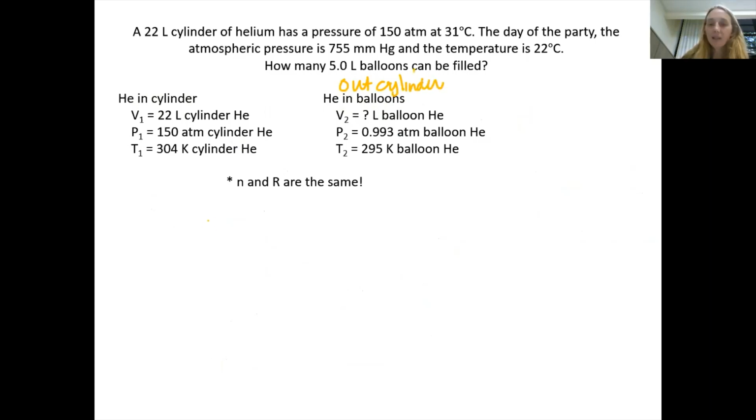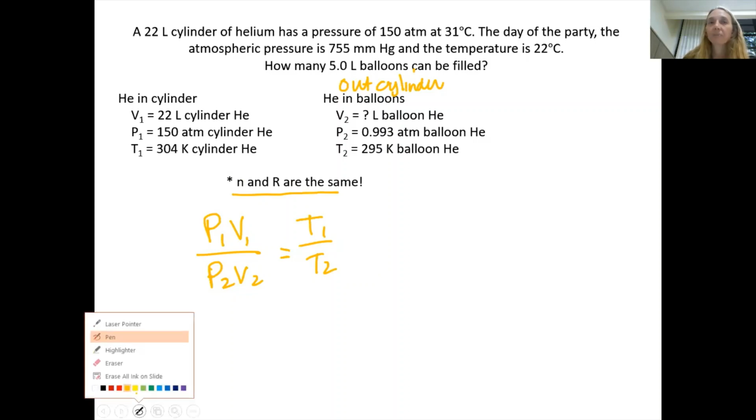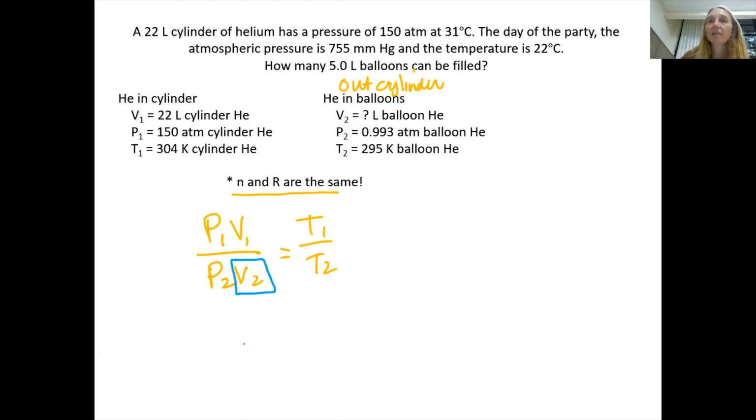So I'm going to write this up: P1V1 over P2V2 equals T1 over T2. Because N and R are the same in both cases, I've taken them out of my equation. My goal is to find V2, this one right here. To do that, I'm going to multiply both sides by V2. That cancels here.